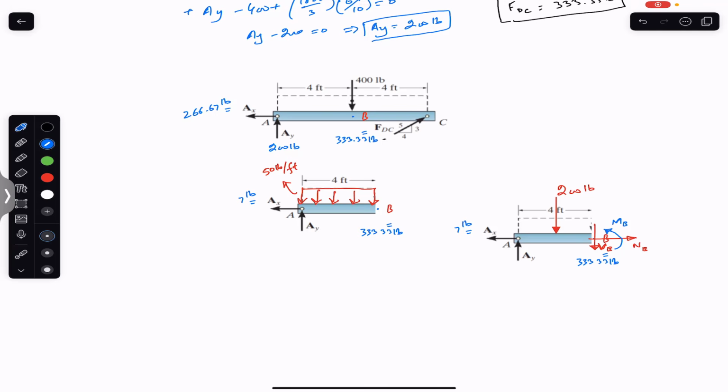We can consider the BC segment as well for our calculation, and we will get the same results for NB, the normal force, the shear force, and the bending moment. So now let me write the AX value. This AY is 200 pounds.